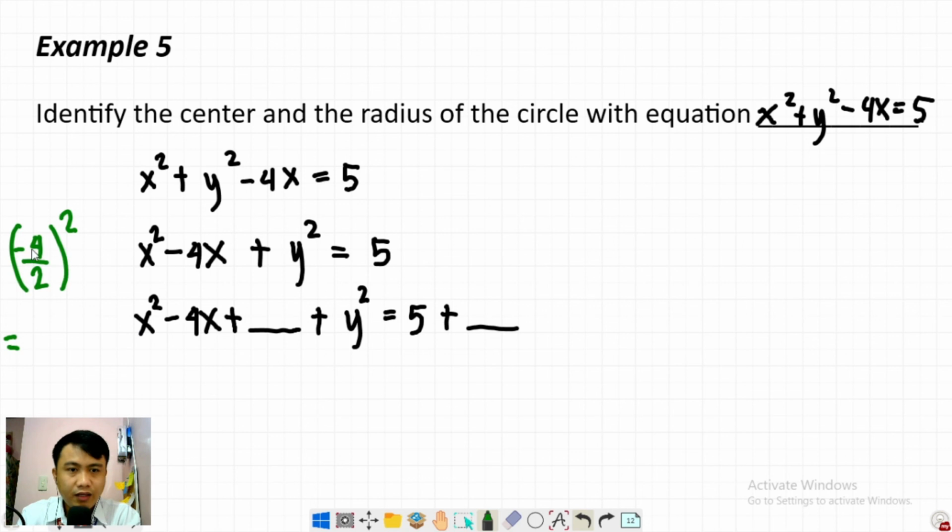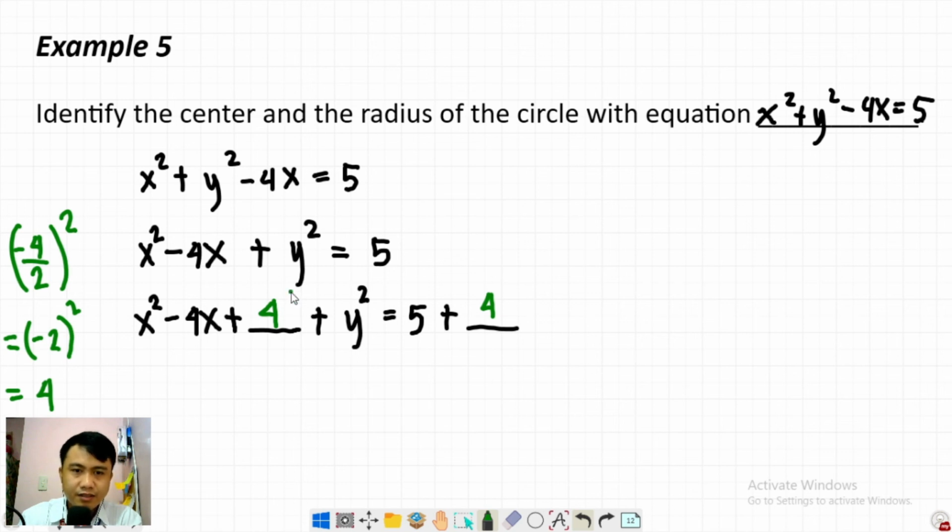Sana yan. Negative 4 divided by 2 is negative 2. Squared nyo, that is negative 2 times negative 2. That is positive 4. So, we have here, positive 4. Kung anong in-add natin dito, ganun din ang i-add dito sa kanan. Okay? I hope that is clear. Okay, next.